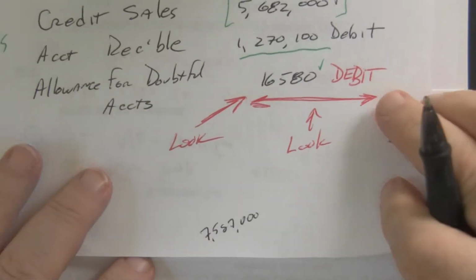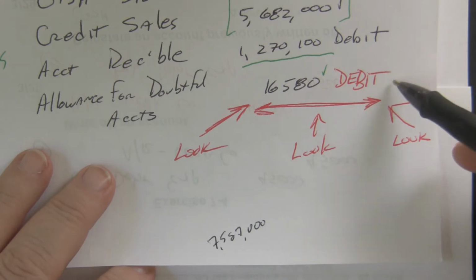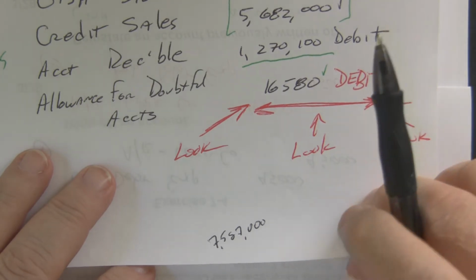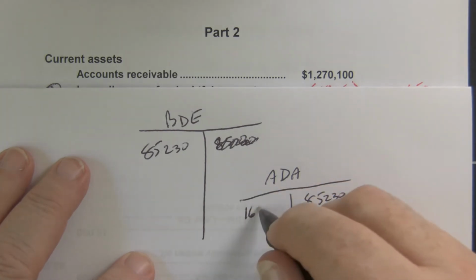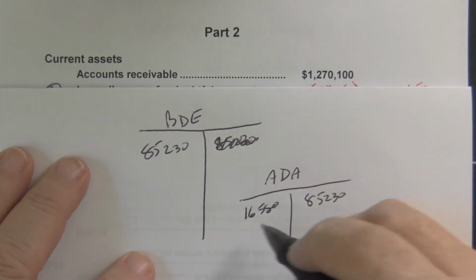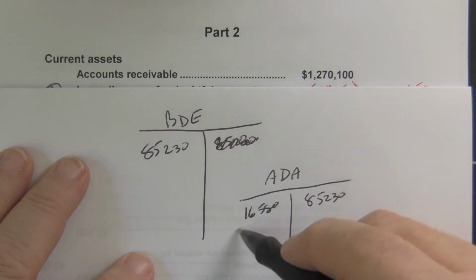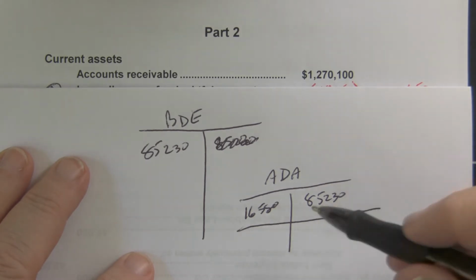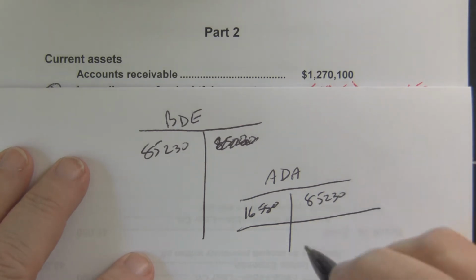But if you remember right, I might have mentioned that we had a debit balance in the account, 16,580. So when we did that, we put in our 85,230, balanced the T account, took the small number from the big number, and wrote the answer under the big number.